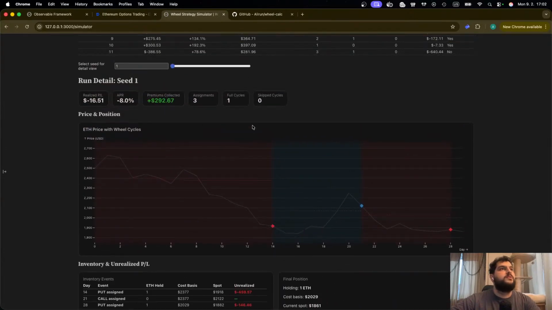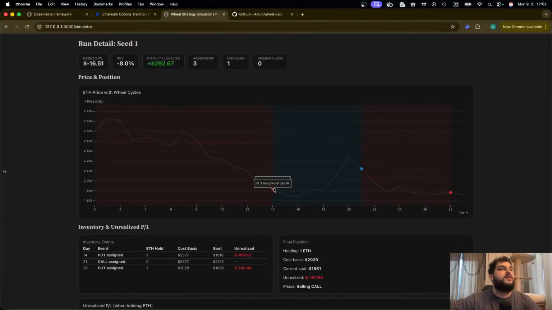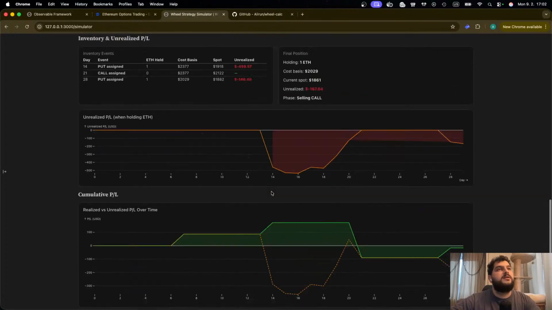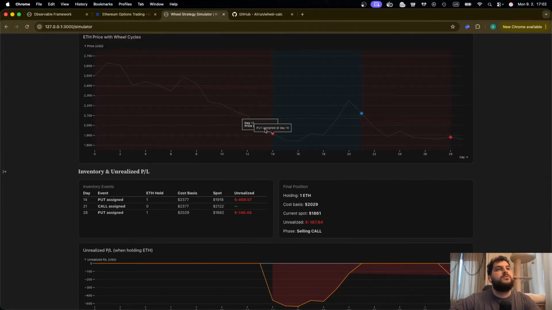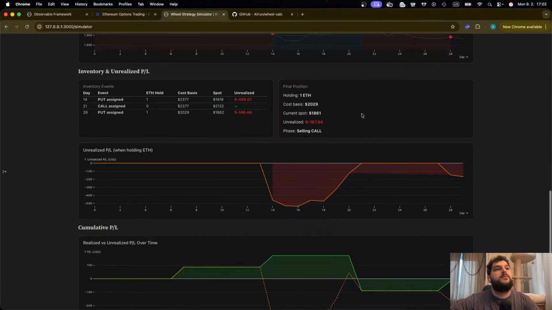So this one should be good actually. And you can see here, we got assigned. Okay, we purchased Ethereum, but we did not sell it, right? So we were not losing anything. We sold a call above price. Then we waited and we sold the Ethereum somewhere here. And we earned money.